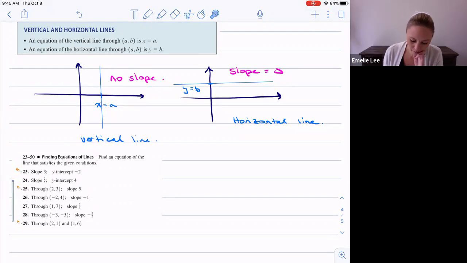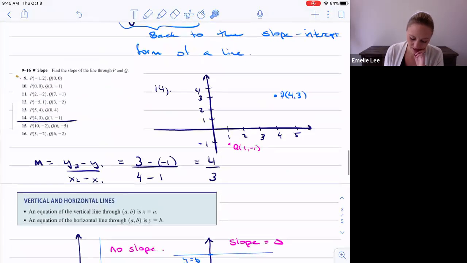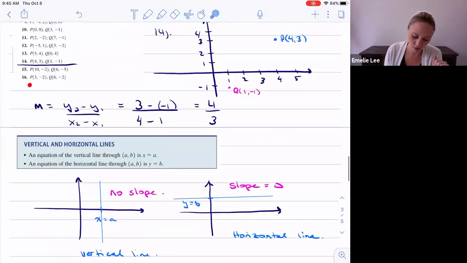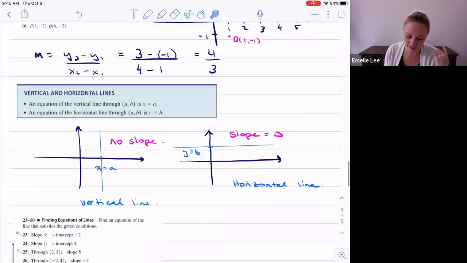And if you go back to the point, the reason I didn't want to do this last one is because the y value is the same for each of these. So if x is 3, then y is -2. If x is 6, then y is -2. What does that give me? This last one would be a horizontal line at y equals -2, right? So just go back and try that one, but I wanted to introduce the horizontal and the vertical lines first.